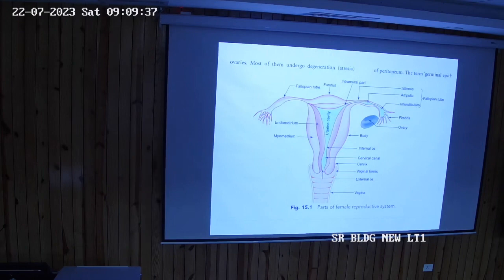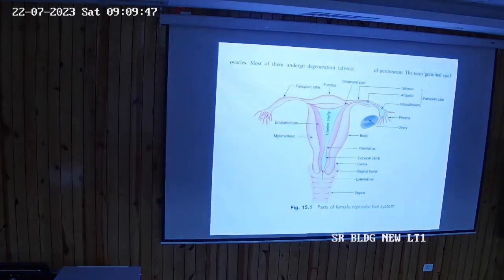These parts are functionally and developmentally related with the female reproductive system. They are the mammary glands, a pair of mammary glands, the placenta, and the umbilical cord.